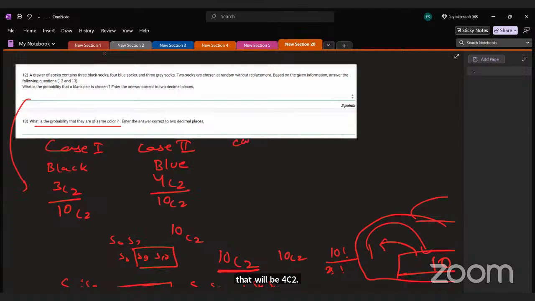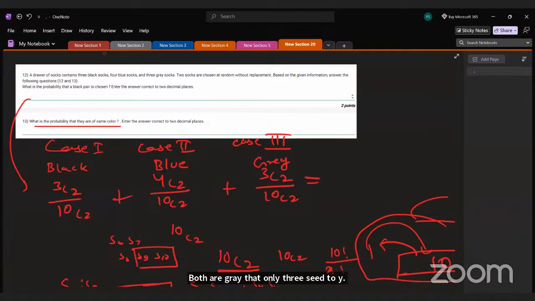Case three, both are gray, that will be 3C2 by 10C2. Now we have to add all these cases to get our value. The first one is 0.06, then so it is 0.06, I think. Okay, 0.06.